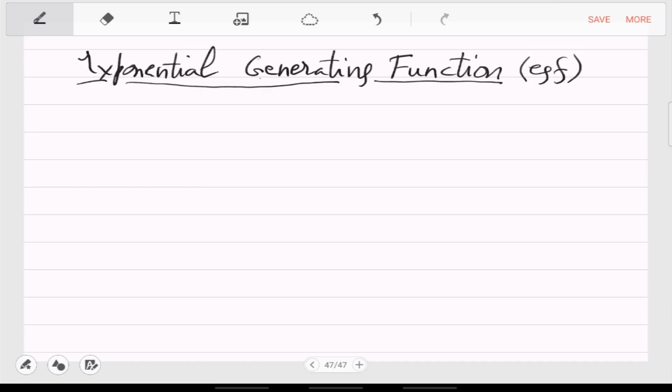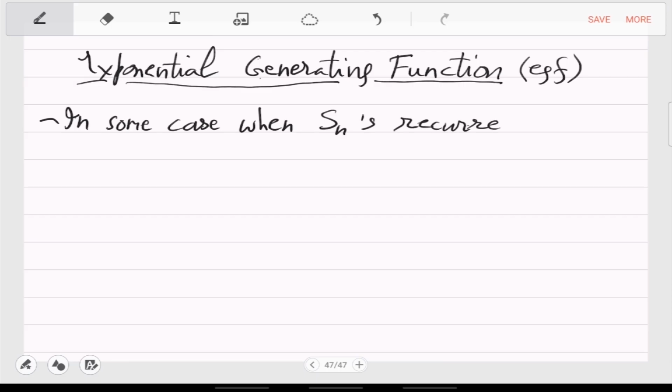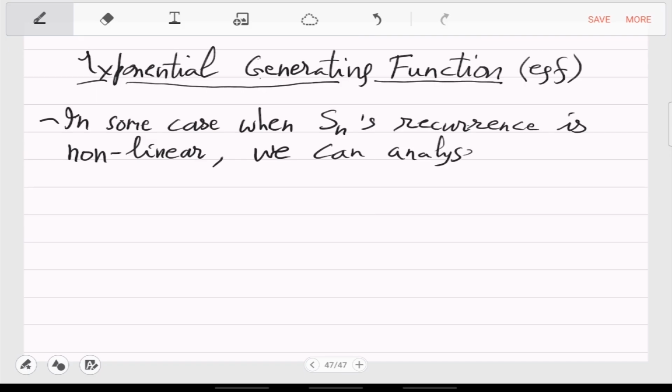So in some cases, when the recurrence is non-linear, we can analyze it using EGF.